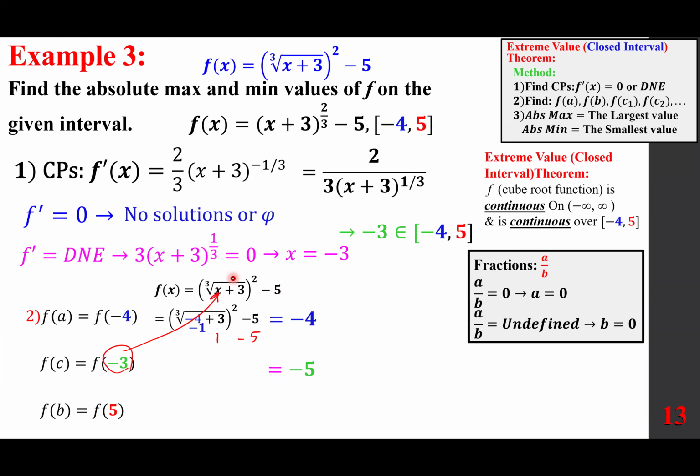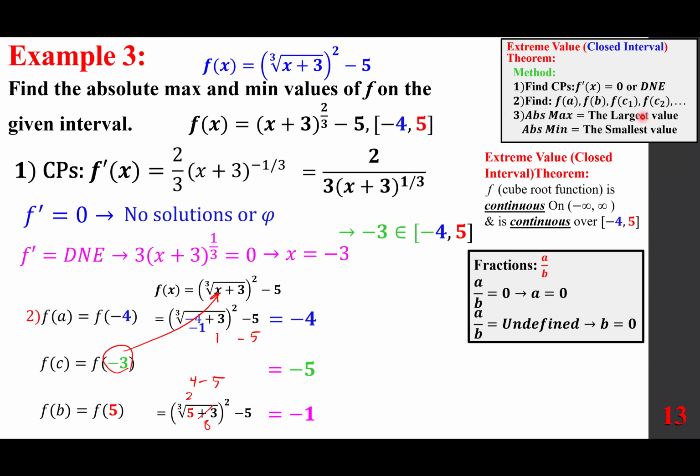What if I put 5? Let's try. When I put 5 here, 5 plus 3 is 8. Cube root is 2. So 2 squared is 4. Minus 5 is -1. This is basic math. We are just evaluating the function at different points. And so having said that, we move to the third one.